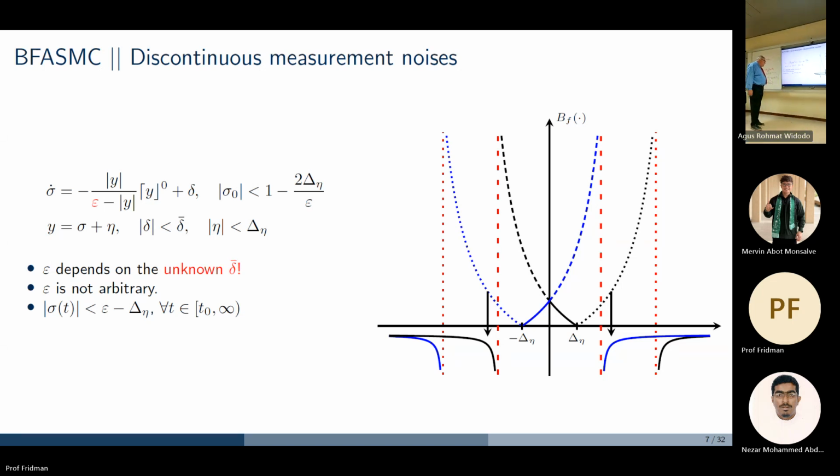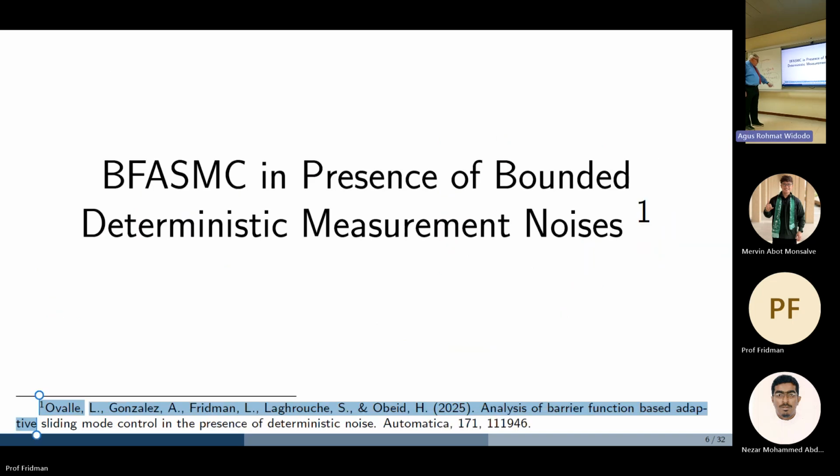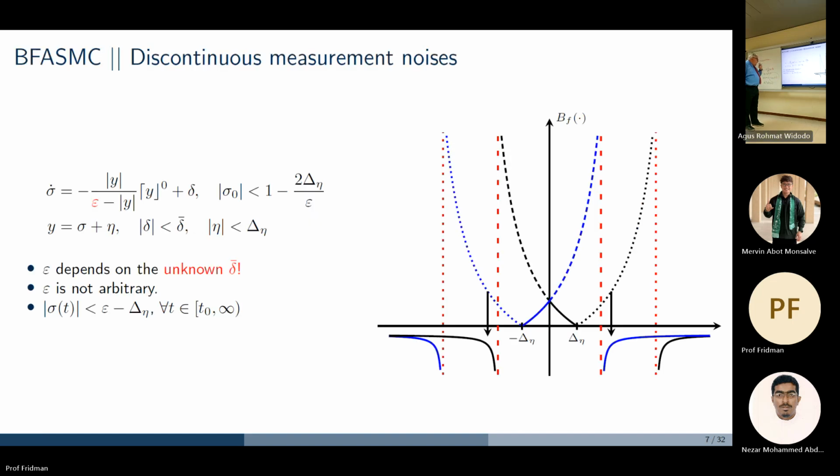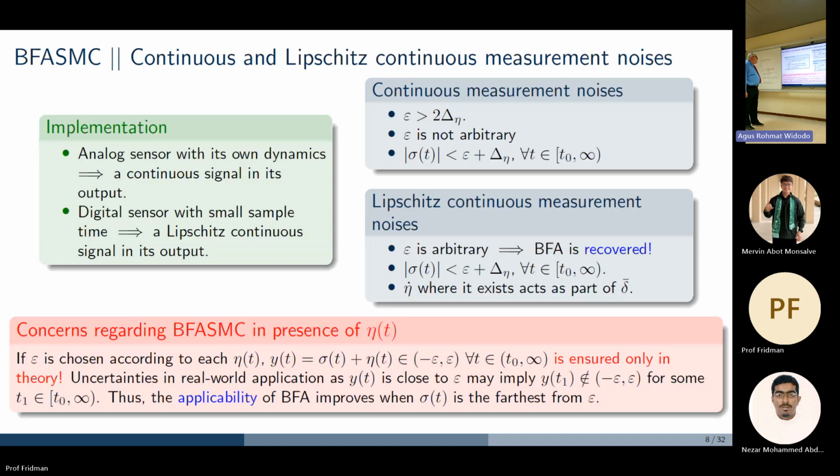This is more or less recent work, from 2025. So what we have proven is that if the noise is limited, you don't need any restriction, because limited means the continuity is bounded, so it will work.